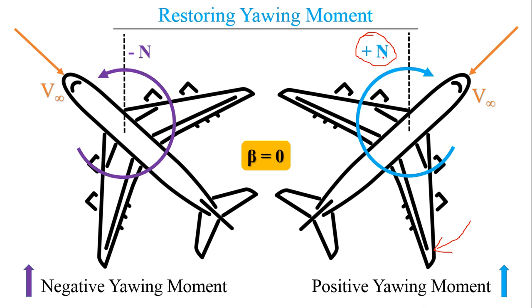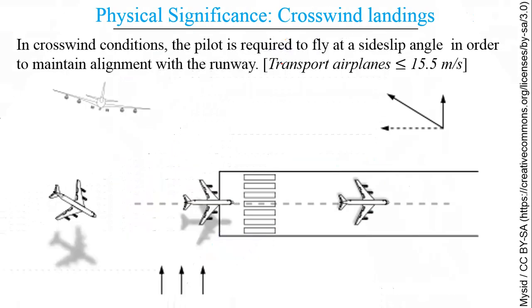The yawing moment is denoted by N, and the anti-clockwise tilt or moment, in which case the left wing goes back, is known as a negative yawing moment. So this is how we compensate the side slip angle by using the restoring yawing moments.